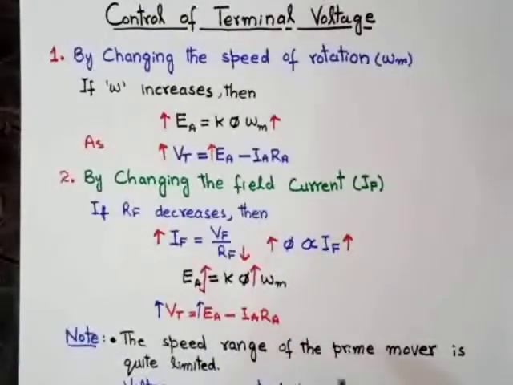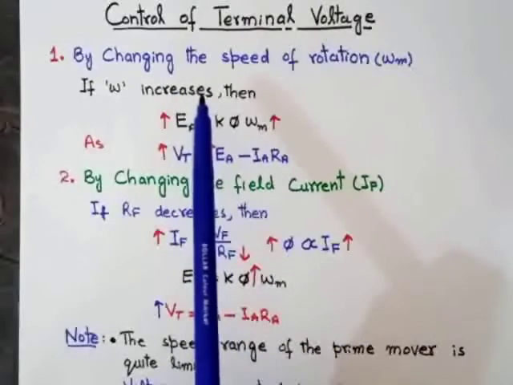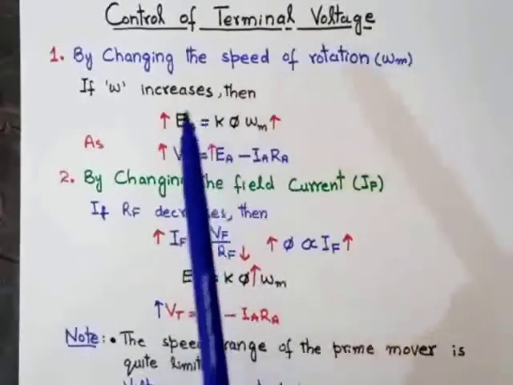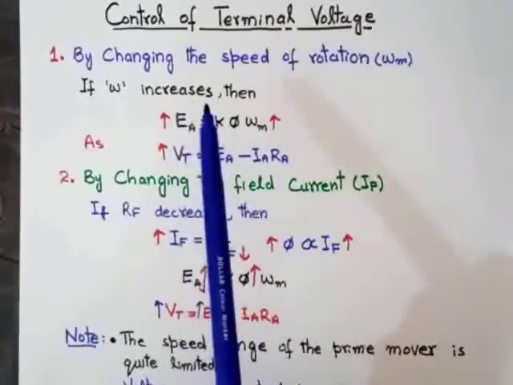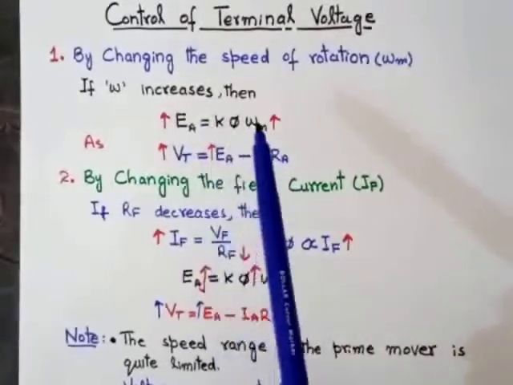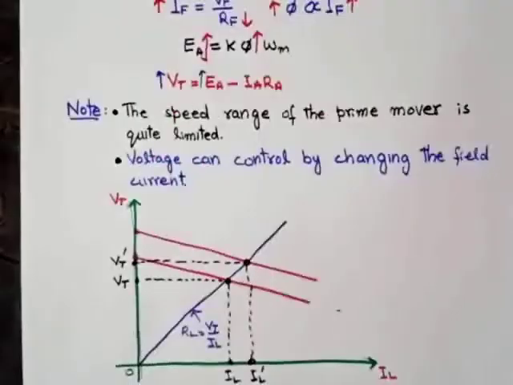The speed range of the prime mover is quite limited. Normally in a powerhouse, the speed is limited. We can't increase the speed beyond a certain level. So that's why the first method is limited, and we can't apply it everywhere.